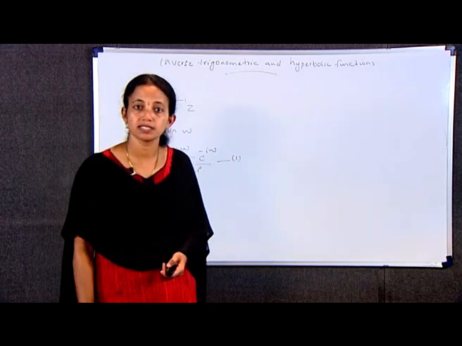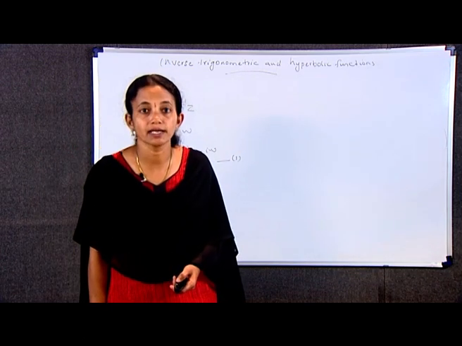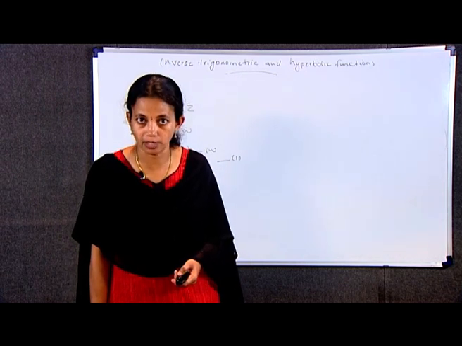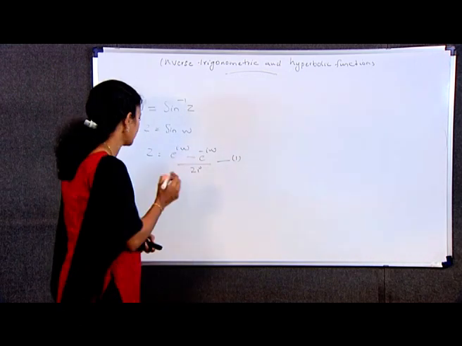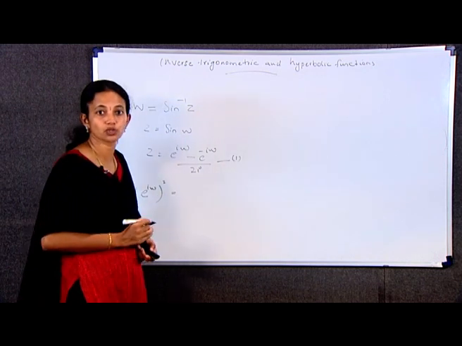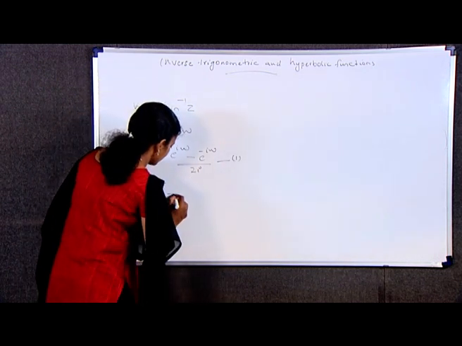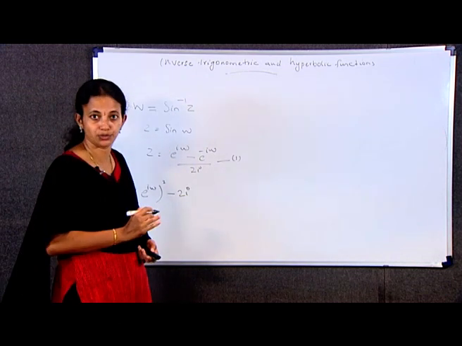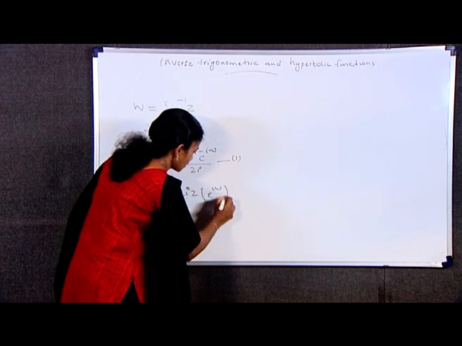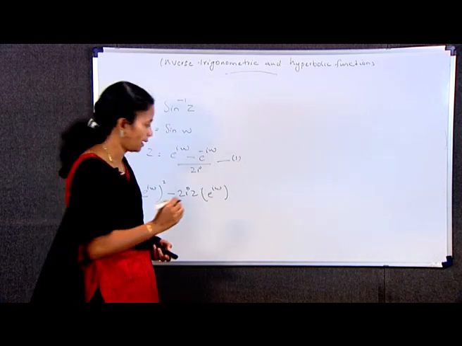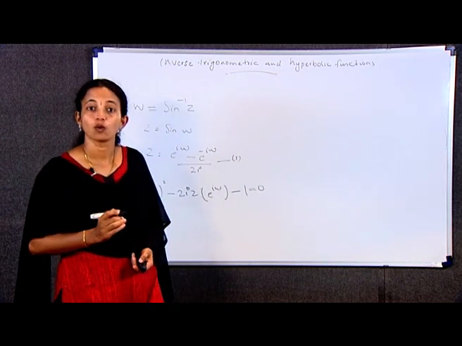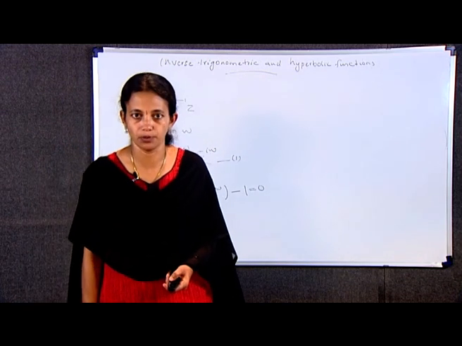Now, 1 gives 2iz is equal to e raised to iw minus 1 by e raised to iw, and gives (e raised to iw) square minus 2iz times e raised to iw minus 1 is equal to 0, which is a quadratic equation in e raised to iw.